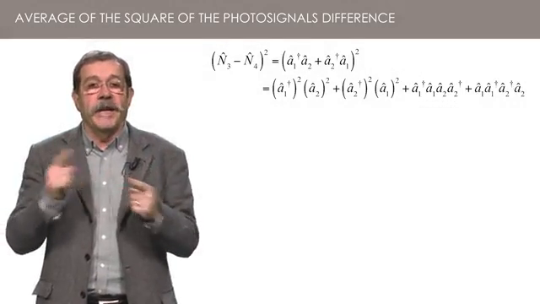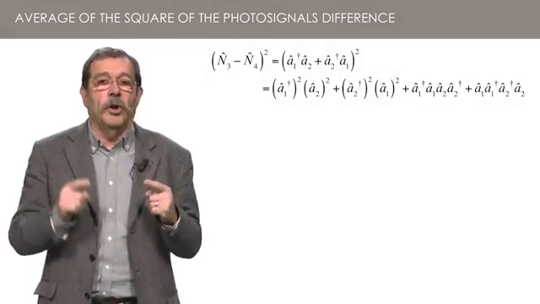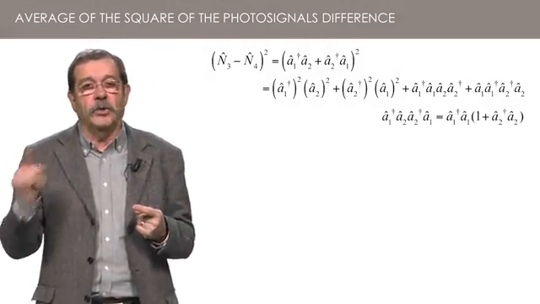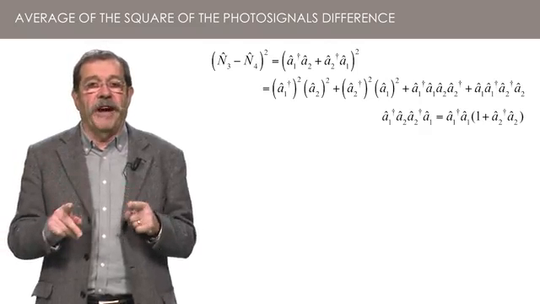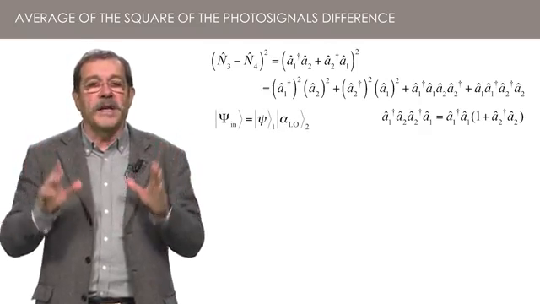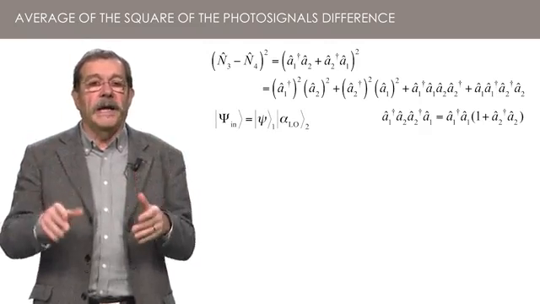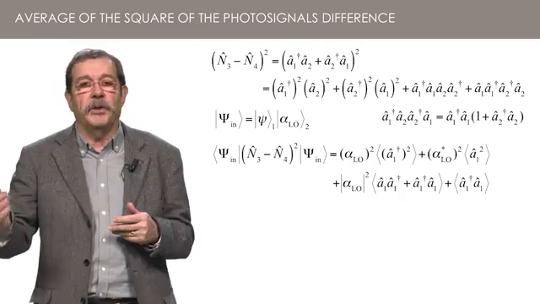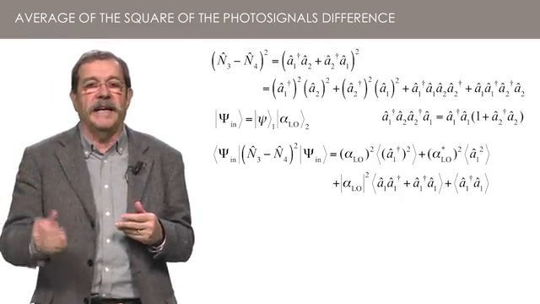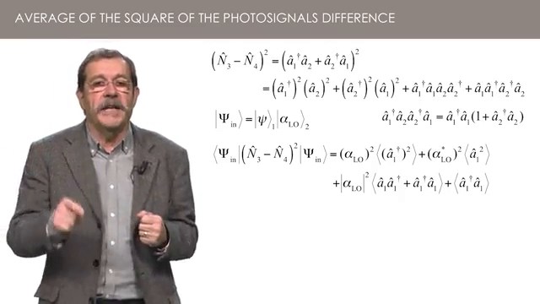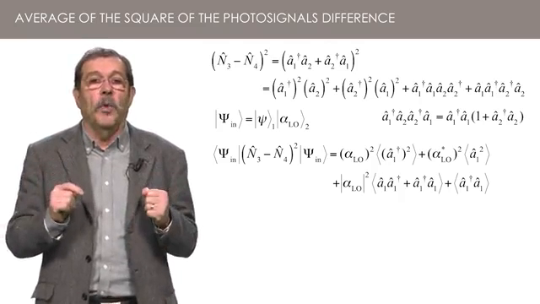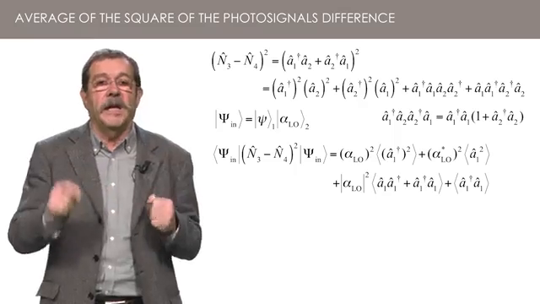We can rearrange that term in the normal order using the commutation relation of a2 and a dagger 2. Using the fact that the state 2 is a quasi-classical state, we are left with terms involving only averages of the operators a1 and a dagger 1. These averages are obviously taken for the state psi 1, which we have not written explicitly in order to keep the expressions lighter.